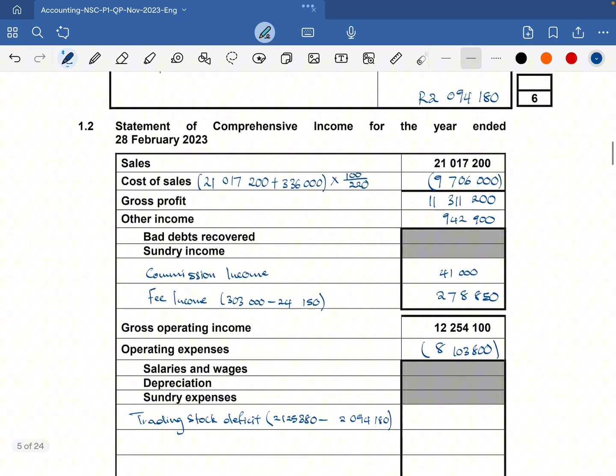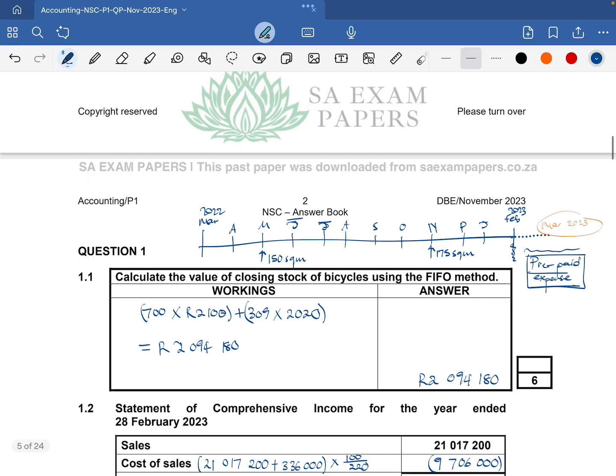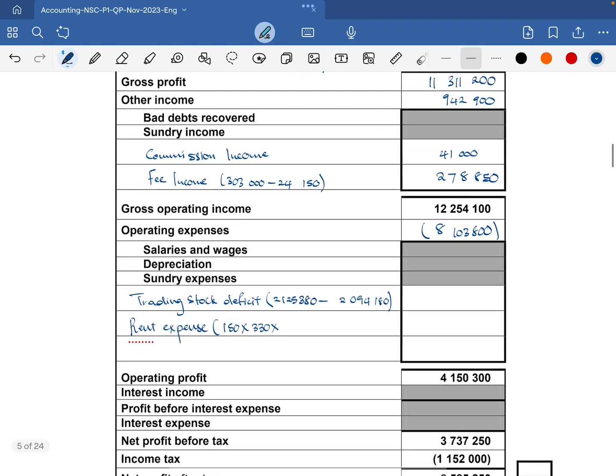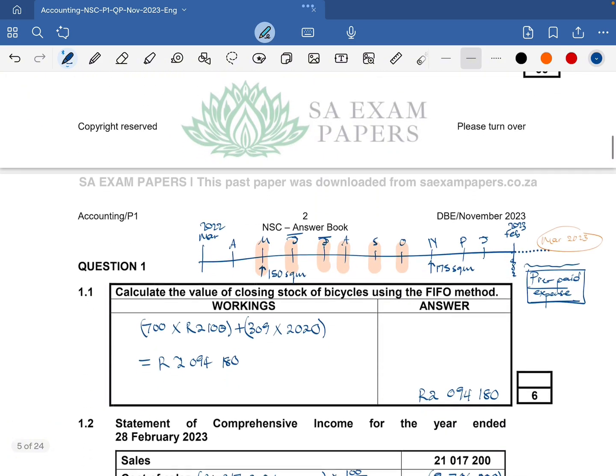So we know that in our rent expense, we were renting 150 multiplied by 330. Let's check for how many months. Since May, okay, 1, 2, 3, 4, 5, 6, before the 1st of November. So 6 months we were renting 150 multiplied by 6 plus 175 times 330 multiplied by, see the number of months.